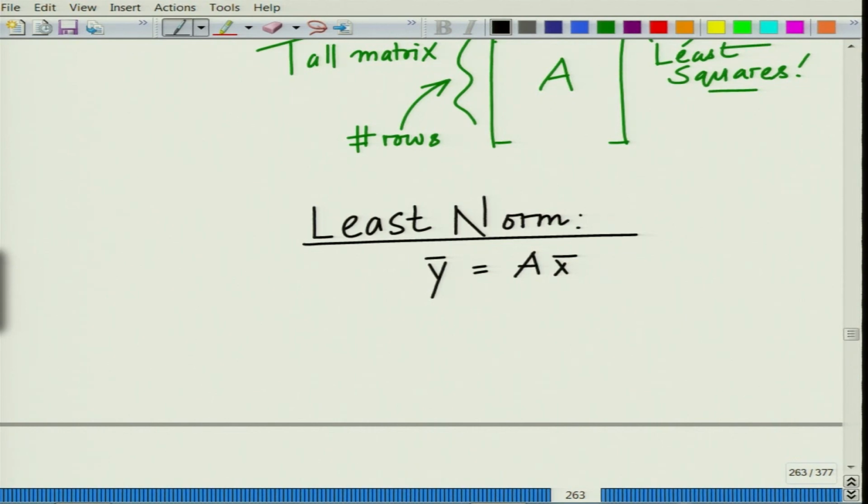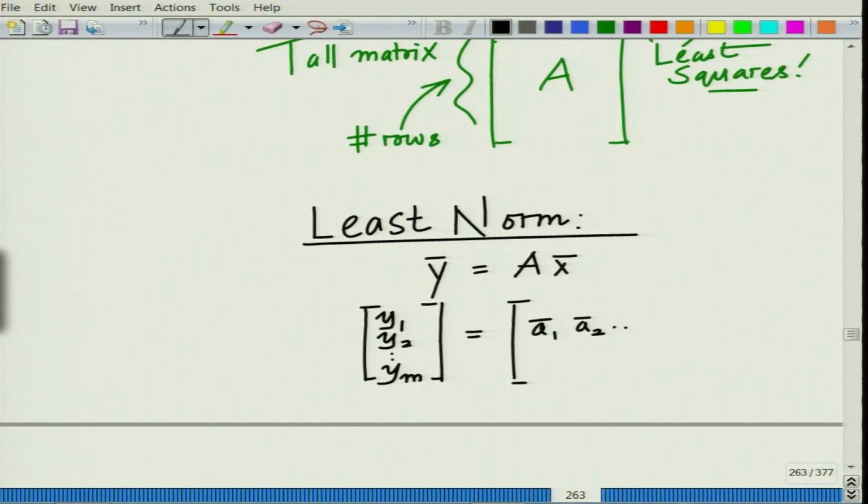what you can see is now you have y1, y2, ym equals your matrix A, A1 bar, A2 bar, An bar, times x1, x2, and so on.